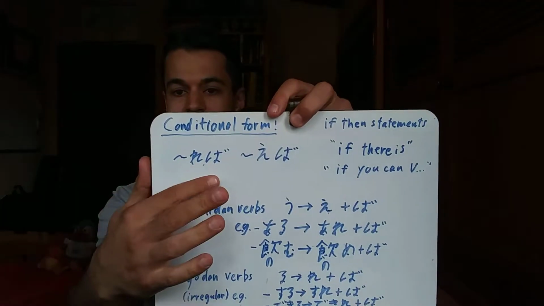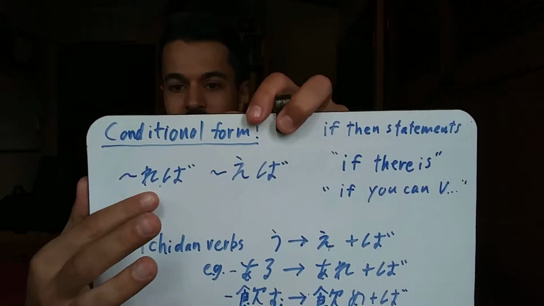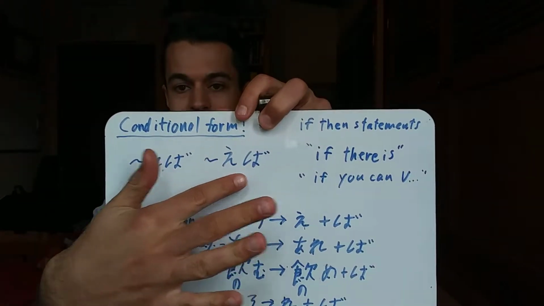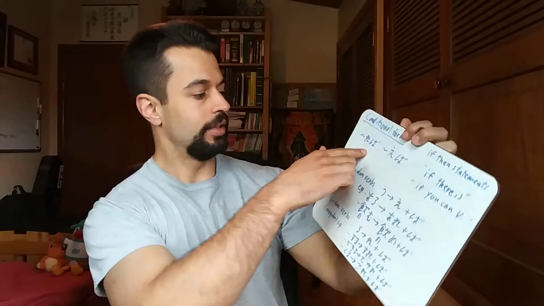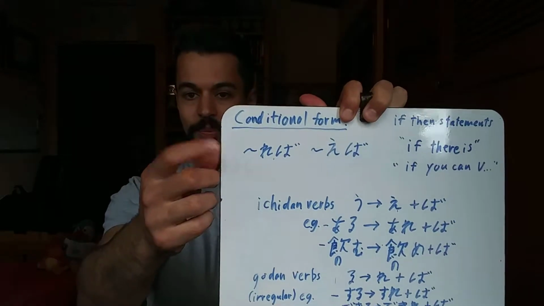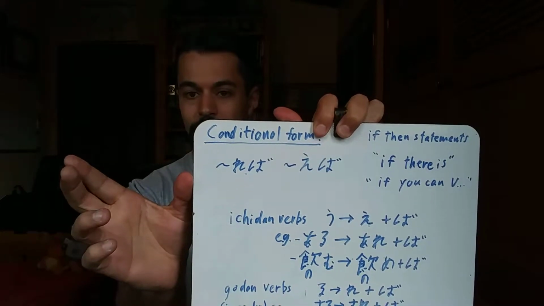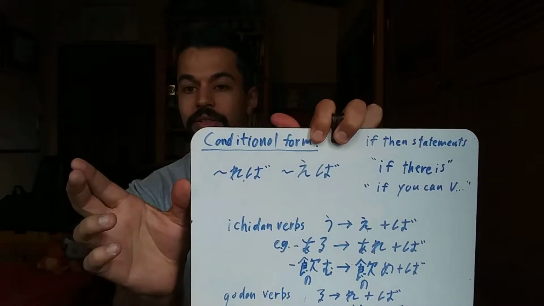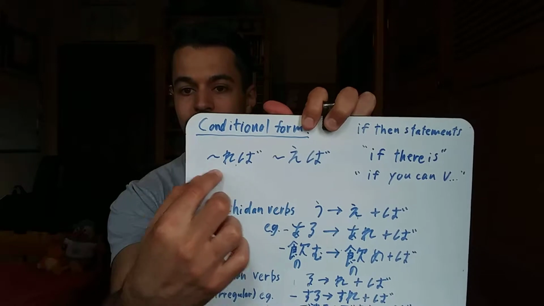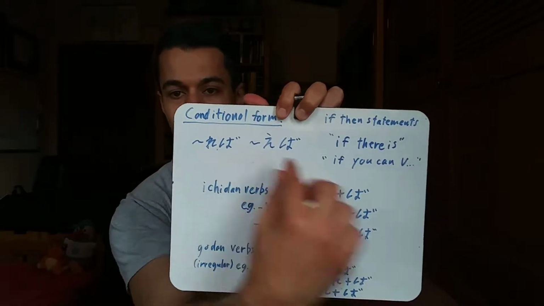On the one side of the verb that gets conjugated with either reba or eba, you have the condition. Right? So in that sentence, 水と太陽が十分にあれば, and then you have the result on the other side.